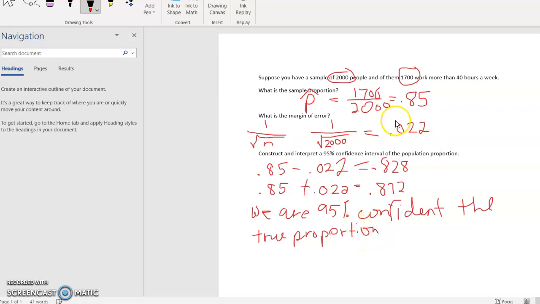And let's look at the situation. What is our proportion? It's the proportion of people who work more than 40 hours a week. True proportion of people that work more than 40 hours a week.